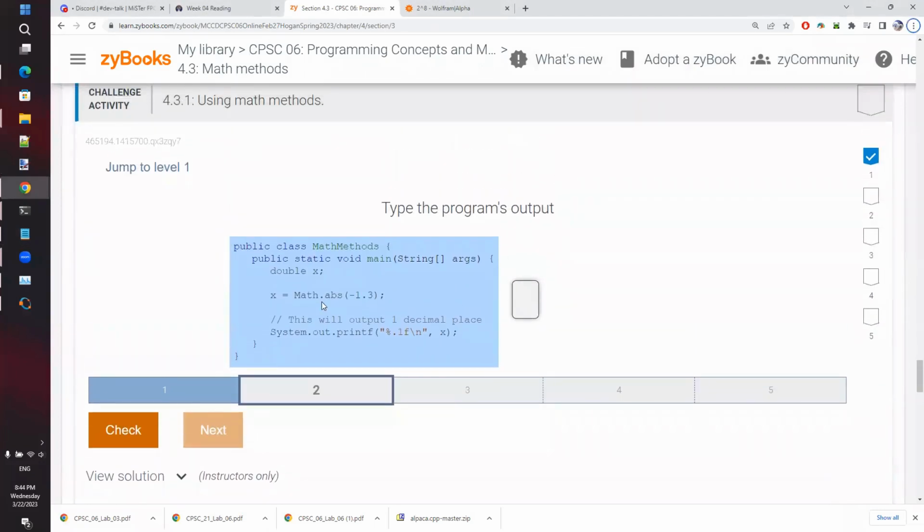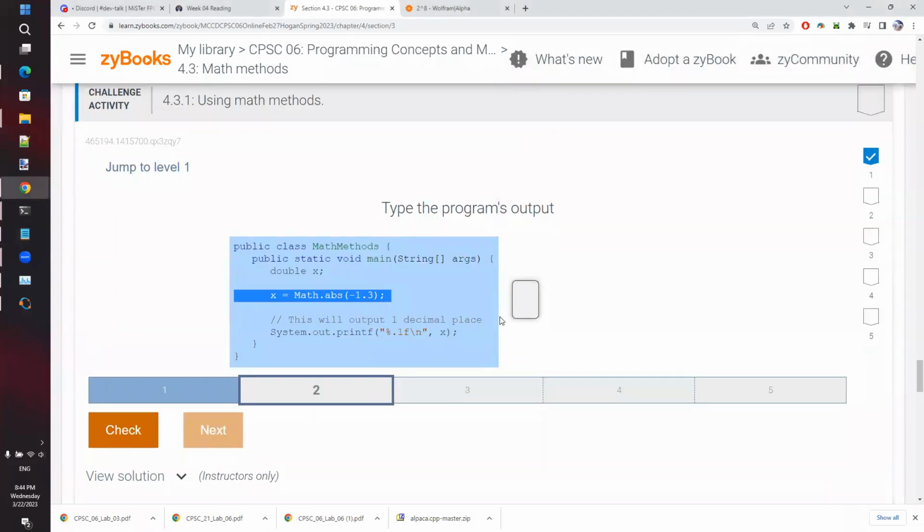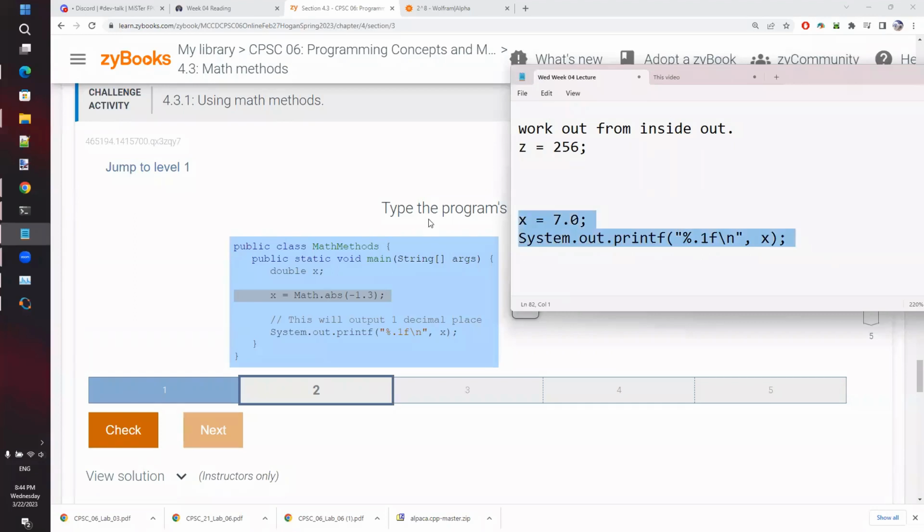So same thing here. We've got this time something slightly different. So we have Math.abs 1.3. So ABS is absolute value.